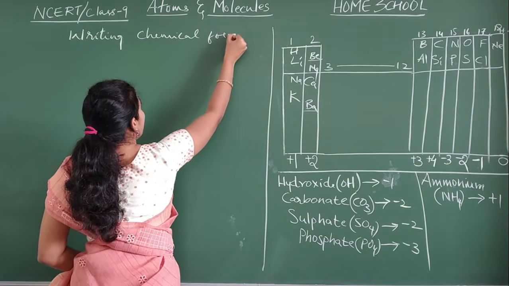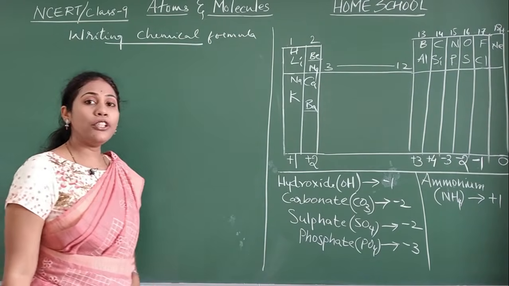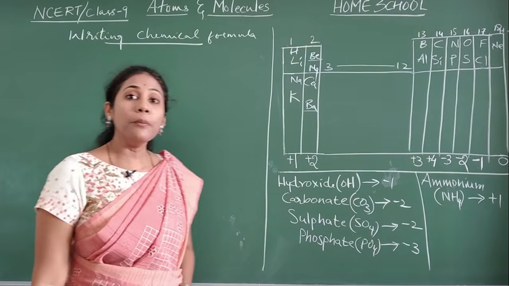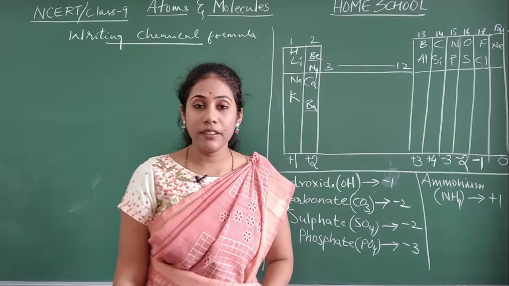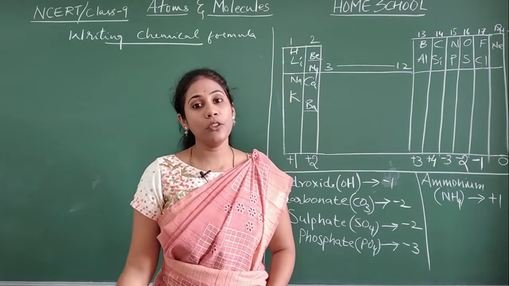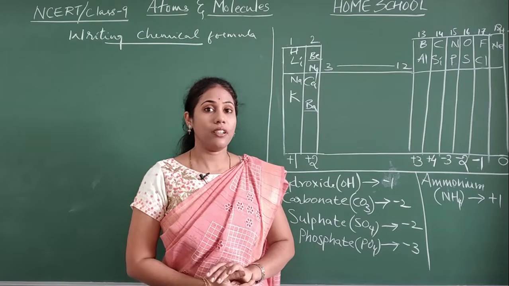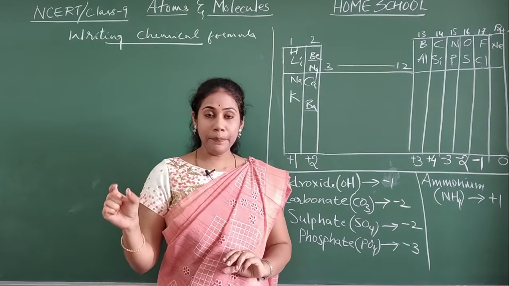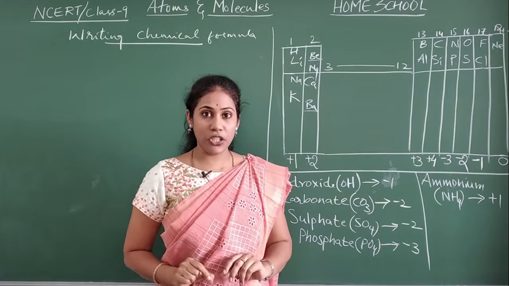Okay, the moment I say sodium chloride, how do you write the formula? The moment I say barium chloride, aluminium chloride, sodium sulfate, these are various chemical compounds present in our nature, and if you want to write them with their formula, you must know certain logic.